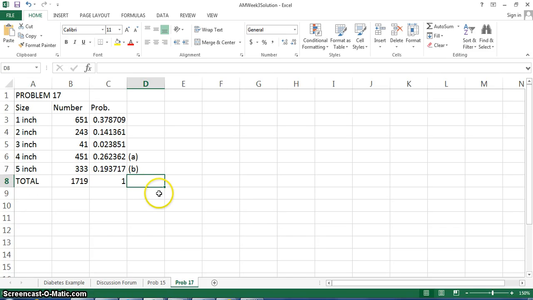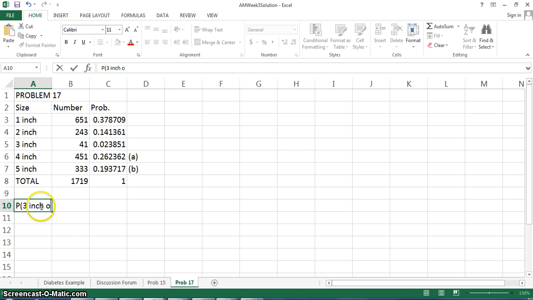In Part C, it asks if a particular application requires a nail that's 3 inches or shorter, what's the probability of reaching into the bin and getting a nail that satisfies those requirements? There's 2 ways to calculate this. We want the probability of getting a 3-inch or shorter nail.